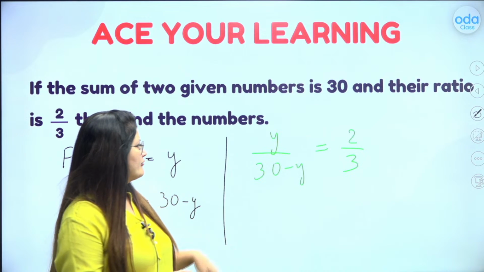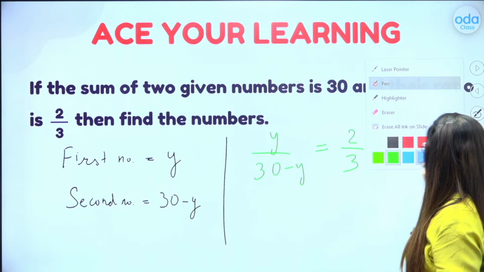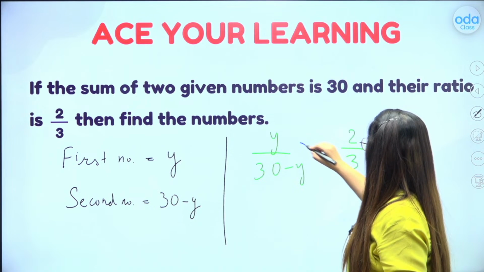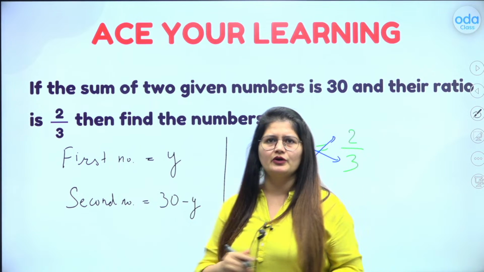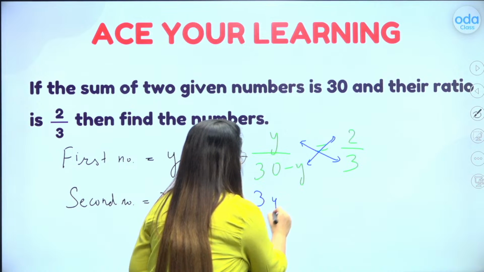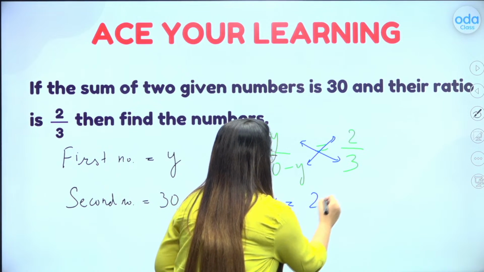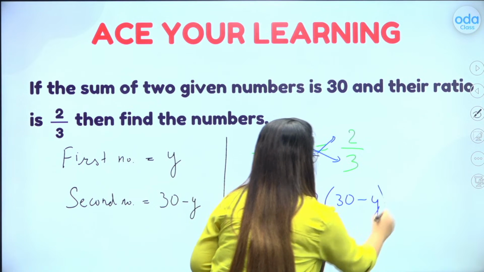So now can we do the cross multiplication here to solve this question further? Yes. What are we going to get after the cross multiplication? We will get 3y is equal to 2 multiplied by 30 minus y.